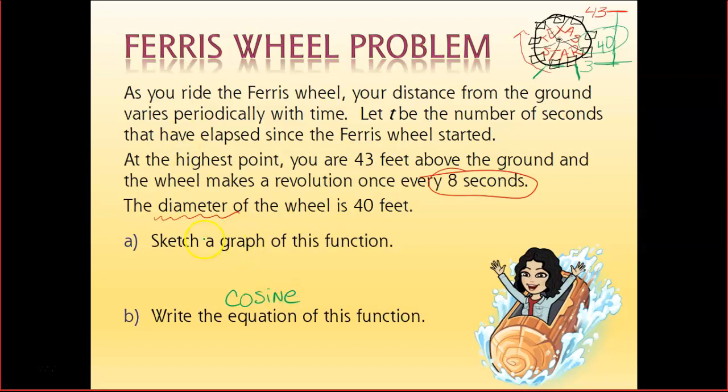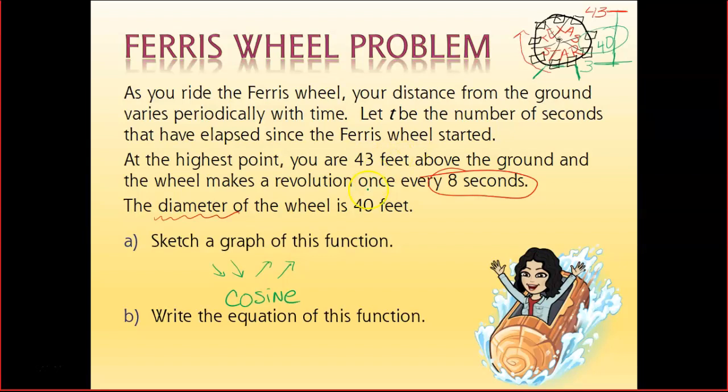Now remember, cosine, we typically say we go to the down, to the down, to the up, to the up. Does this one do that? No. What does this graph do? So it goes to the up, to the up, to the down, to the down.